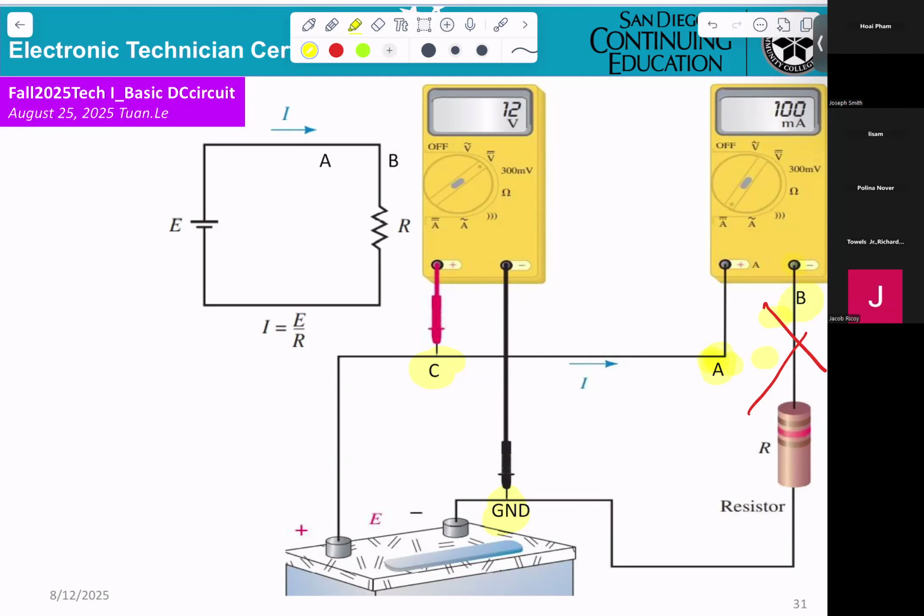So the current must be flowing inside the meter, and the current will be going out. So that's why, to measure the current, you must break the circuit. That's not allowed at work in the company.